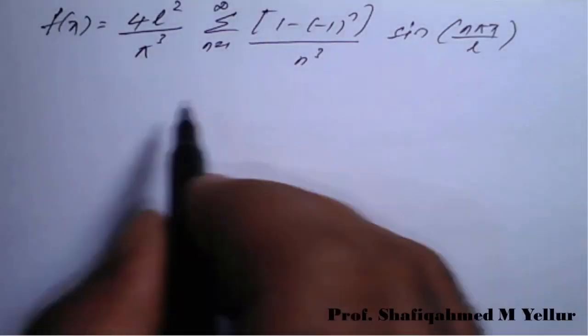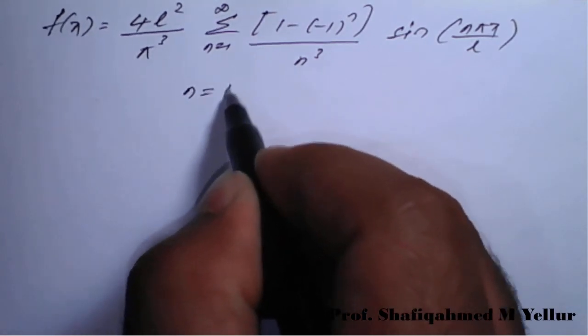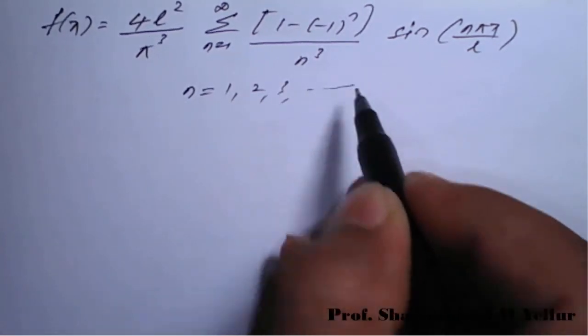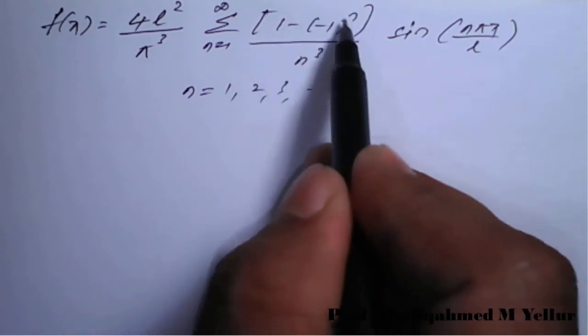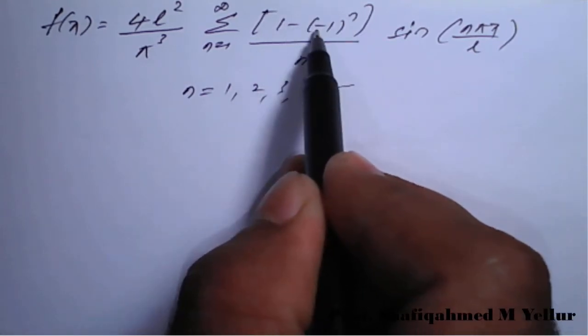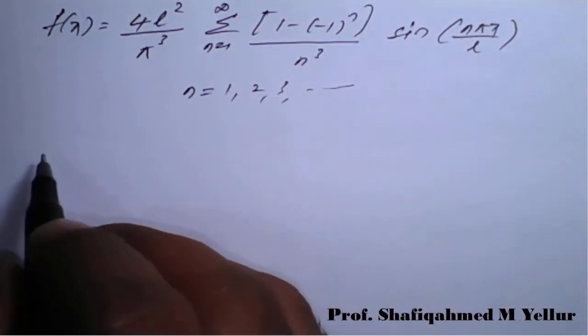Okay, so if you take n is equal to 1, 2, 3 and so on, we'll check. First I want to work out this 1 minus of minus 1 raised to n. So what happens, we'll see.